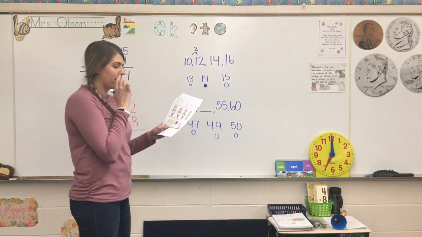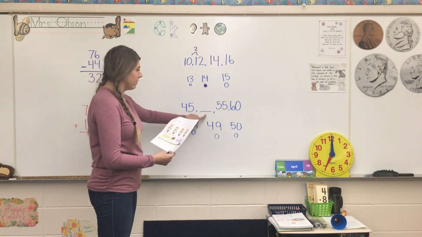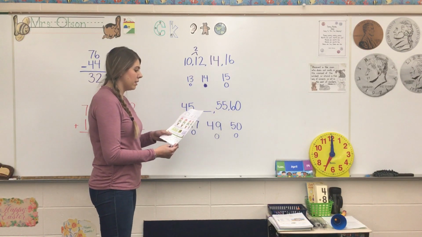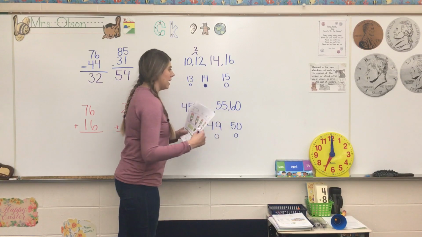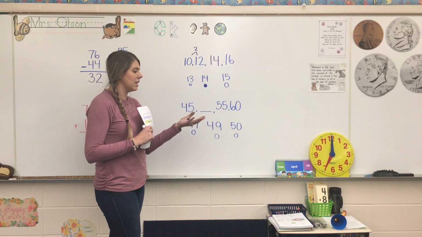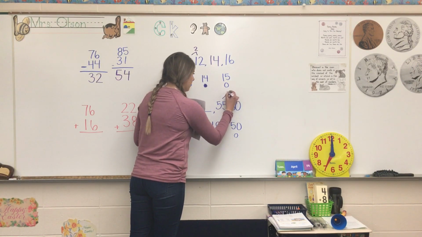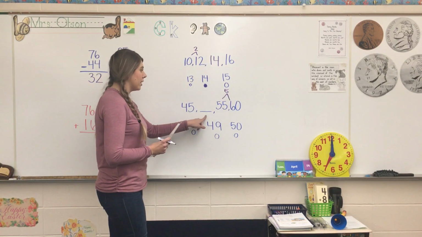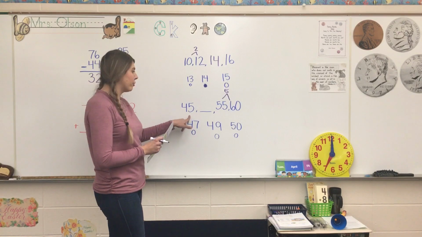And then the next one they gave us is a little bit trickier. It goes 45, they left a blank, 55, and then 60. So we know that the difference between 55 and 60 is 55, 56, 57, 58, 59, 60. So that's the difference is 5 there. So we know that our number here has to be 5 less than 55 and 5 more than 45.